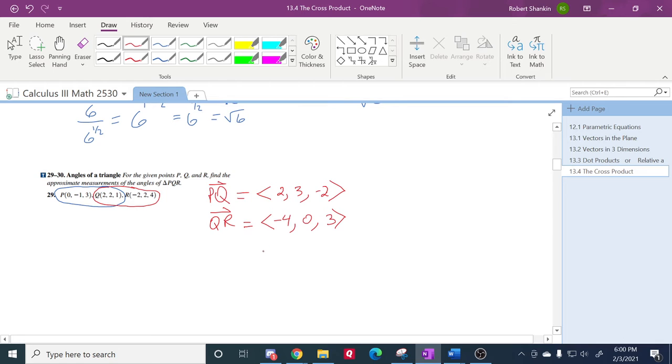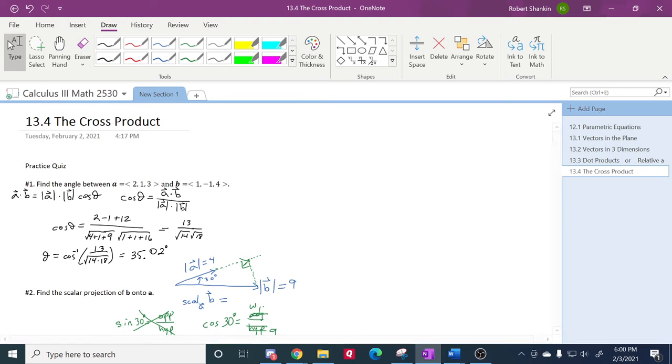All right. So here we have two vectors. Now the angle between the two vectors is like this problem: find the angle between those two.